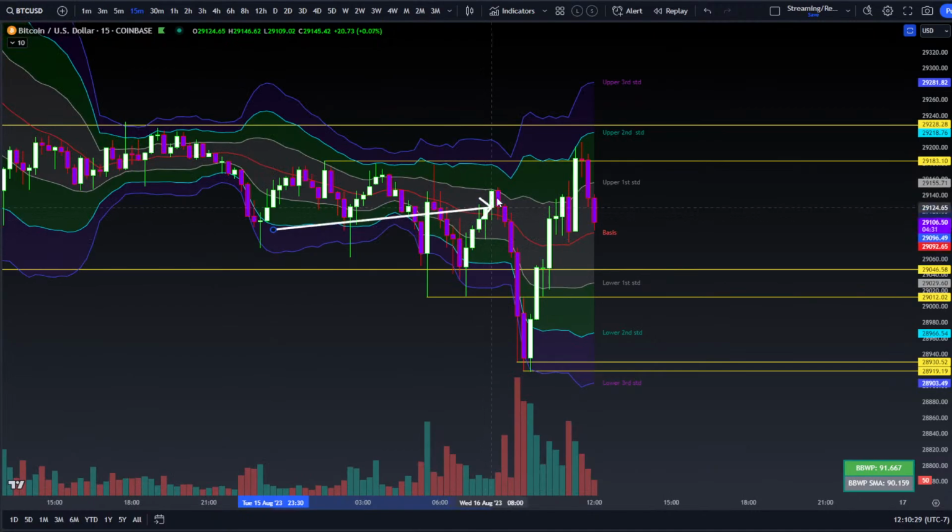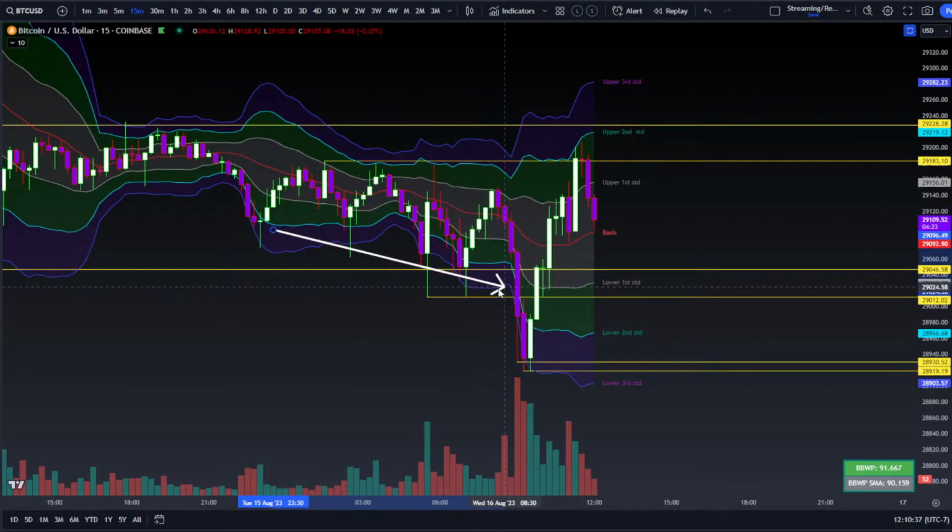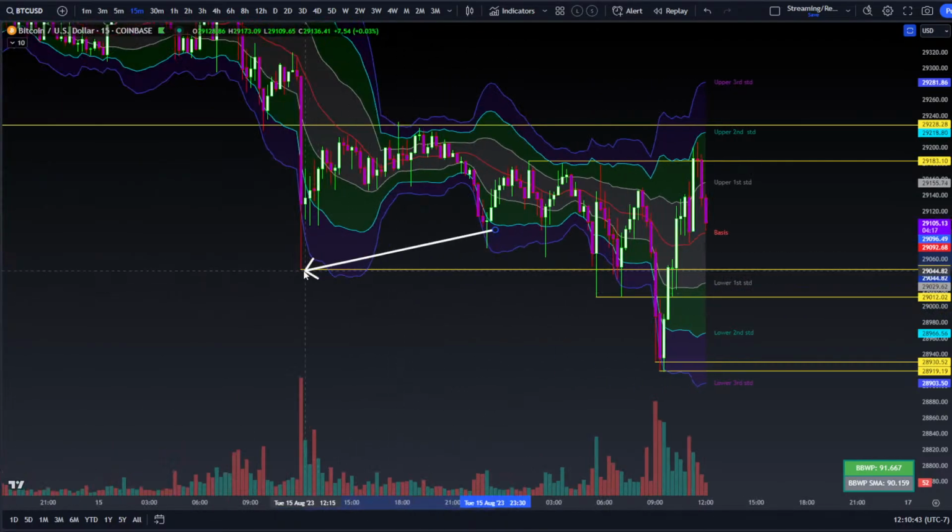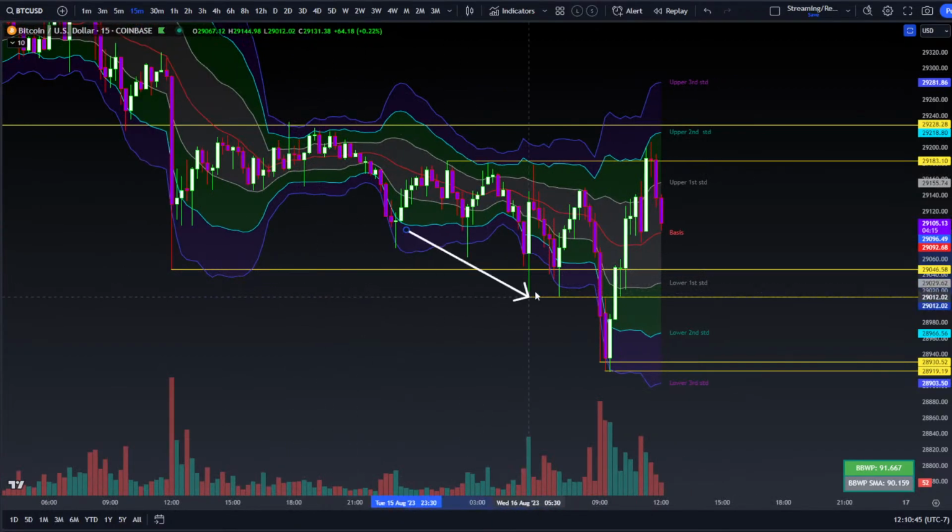We bounce up, reject at the upper second twice, reject at the upper first, and it comes down. You'll see that the candle that loses this zone, so we saw support come in here just below this high volume candle, so there is liquidity to be tapped below here. So if we do see this zone between the highest volume candle low and the wicks below it that we're holding on closes, then we are likely to hunt further down.